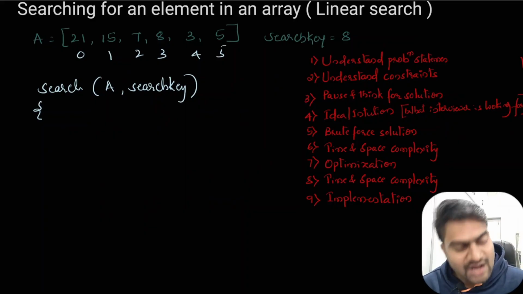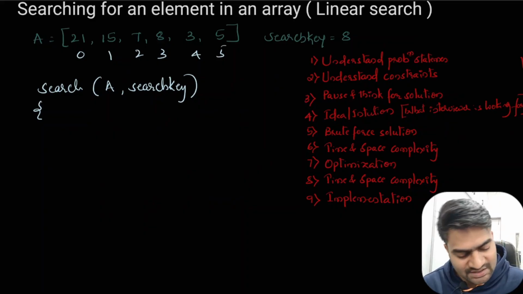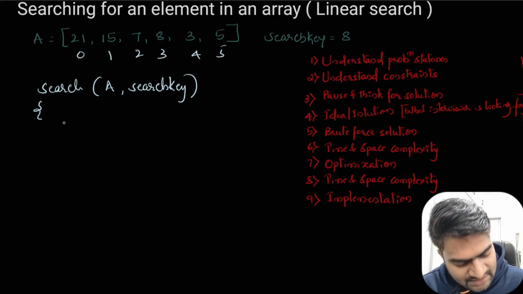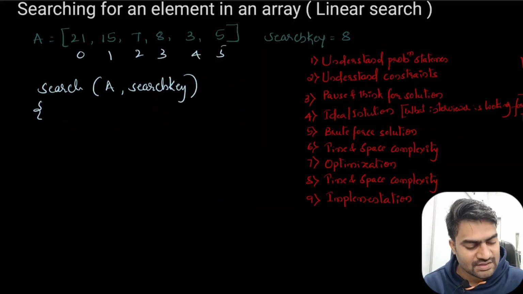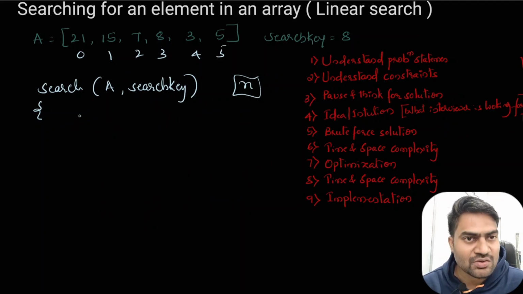So how do we check whether the array contains elements or not? For that we need to check the length, maybe its length is n. So I will take a variable, maybe an integer or whatever type. Since it is a pseudocode, I don't mention any type here.